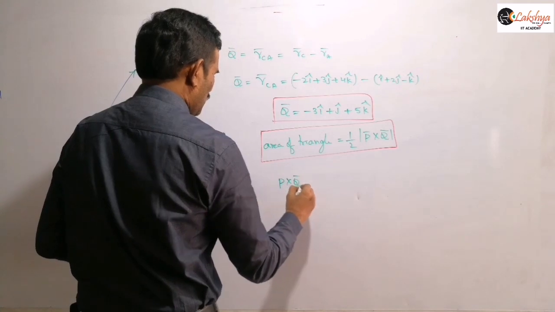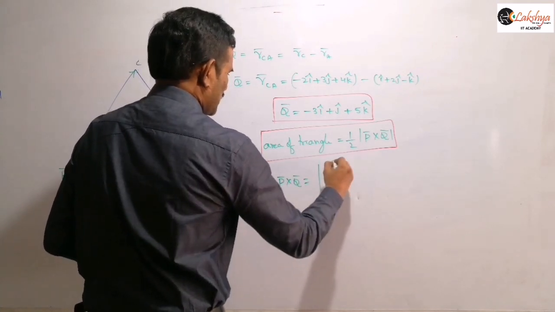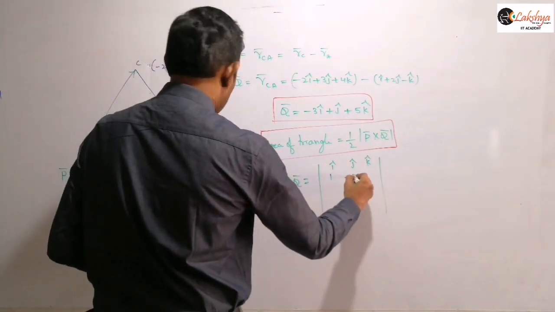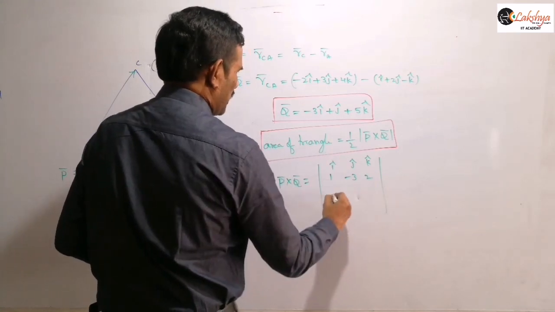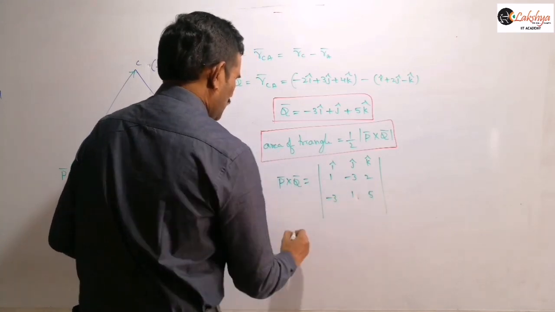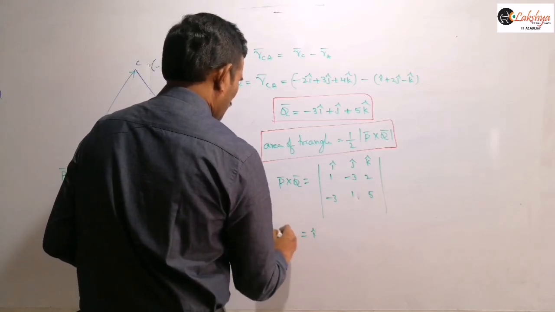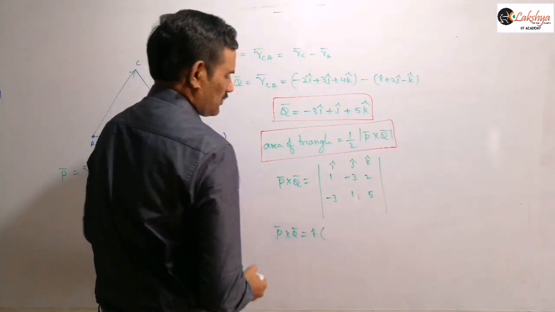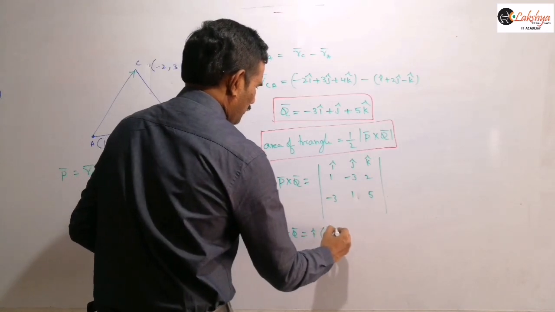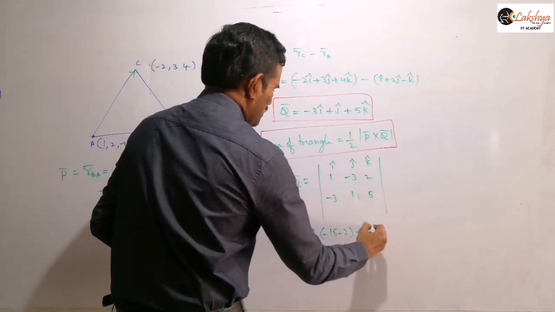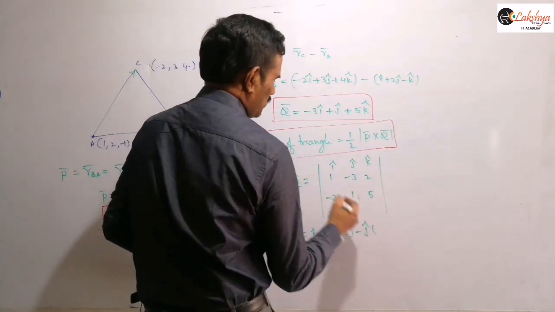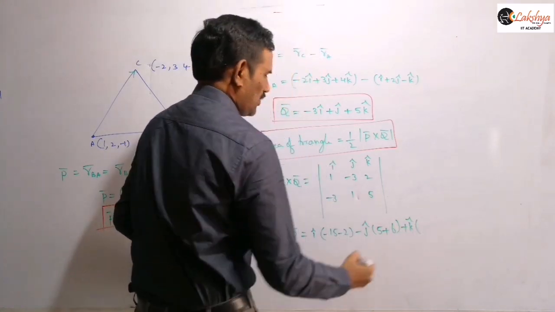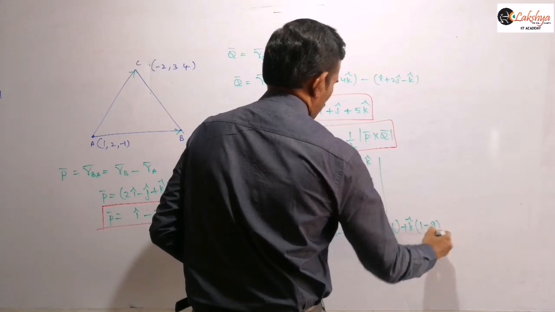So p bar cross q bar is equal to, so this is i cap, j cap and k cap. p bar means it is 1, -3 and 2, and this is -3, 1 and 5. So find this value here, this is our p bar cross q bar value. So this is i cap into, I am directly writing this, minus 15 minus 2, minus j cap into 5 plus 6, plus k cap into 1 minus 9.